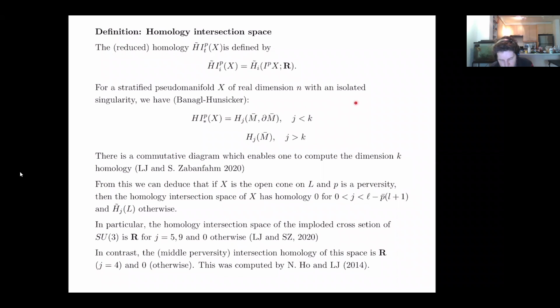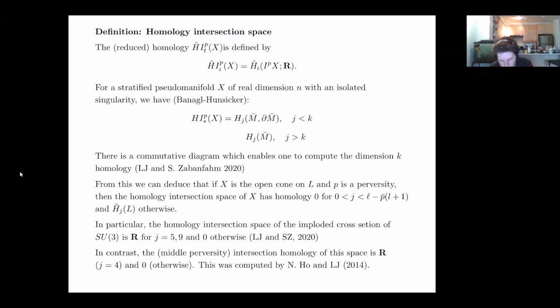If the stratified space has an isolated singularity, then Banagl-Hunziker proved that the homology of the intersection space is the same as the relative homology of the blow-up space relative to the boundary for low values of J, and it's equal to the ordinary homology of the blow-up space for larger values of J. And this doesn't tell you what happens when J is equal to K. We were able to find a commutative diagram that enables you to compute the dimension K homology as well.